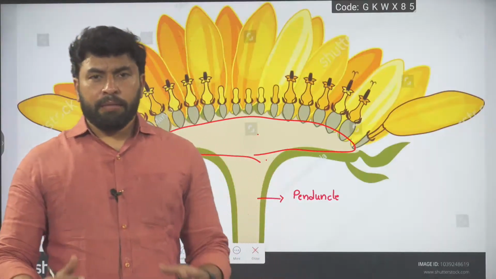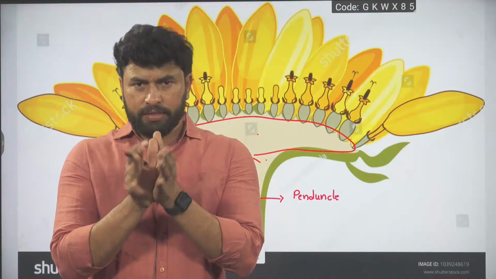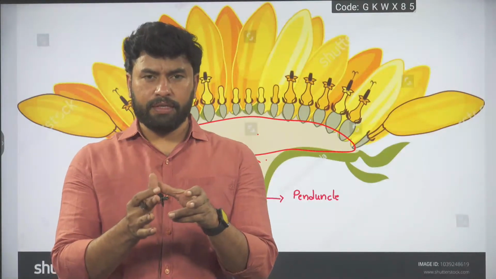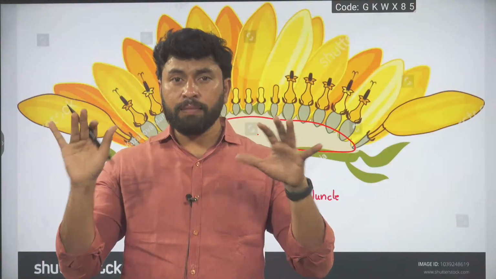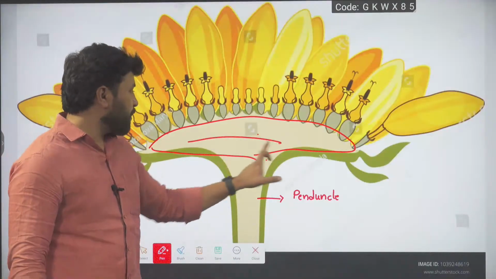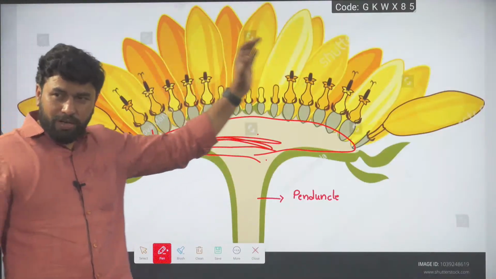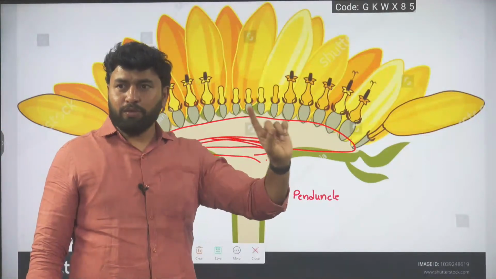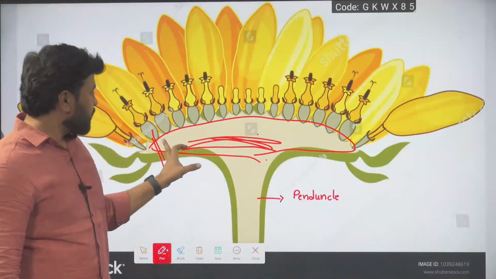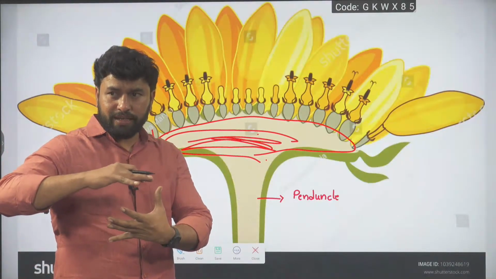Usually peduncle has to grow straight away in racemose inflorescence, but in case of head inflorescence, the peduncle will become flat. This is not thalamus. This is peduncle, inflorescence axis. Got the idea? This is not a part of thalamus. As I said, this is the whole inflorescence, not one flower. In that case, this is inflorescence axis, which has become a flat cushion-like structure.